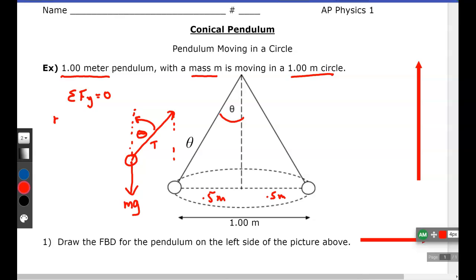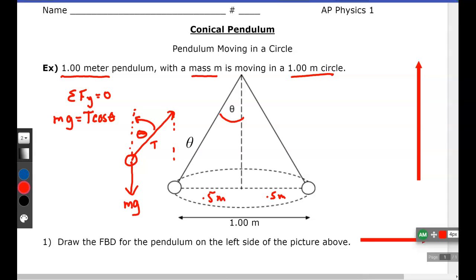Let's say the down force, which is mg, equals the up force. That's the vertical component of this tension, which is T cosine theta. Why is the vertical component cosine? Take a look at this picture, and you can see that the vertical component is the adjacent side to the force, so it's T cosine theta. We can stop right there.